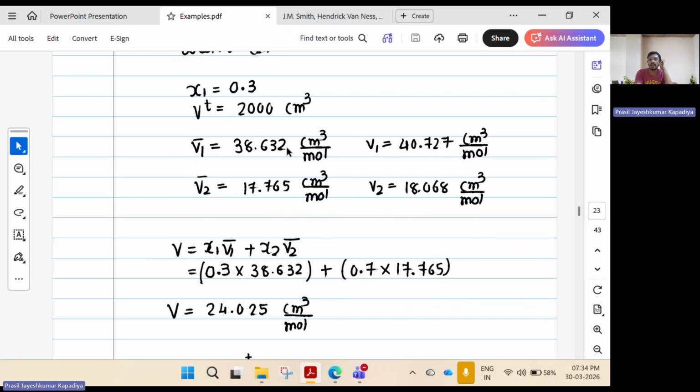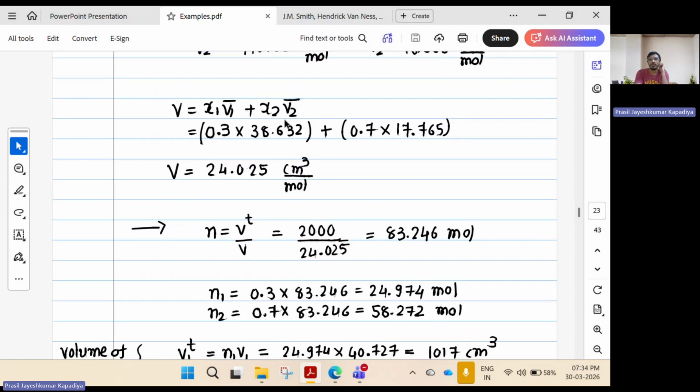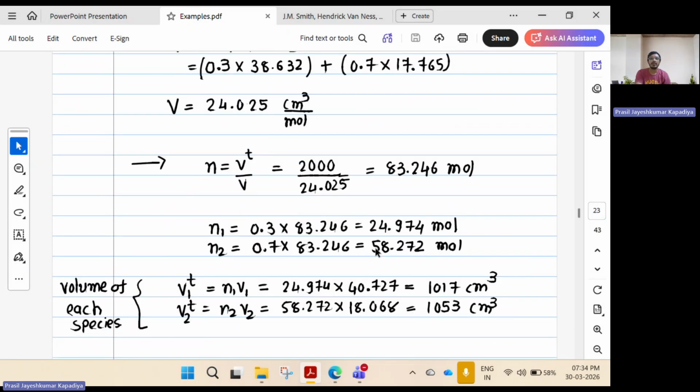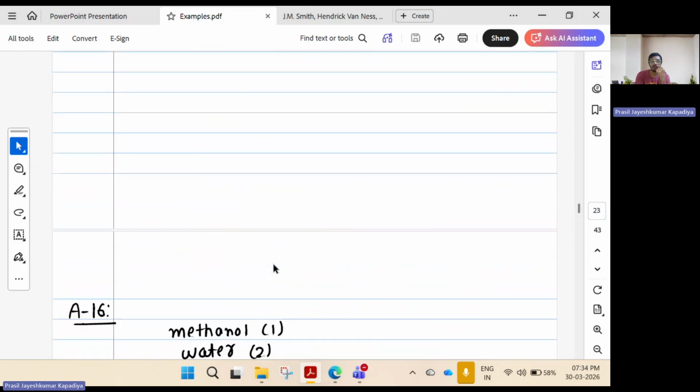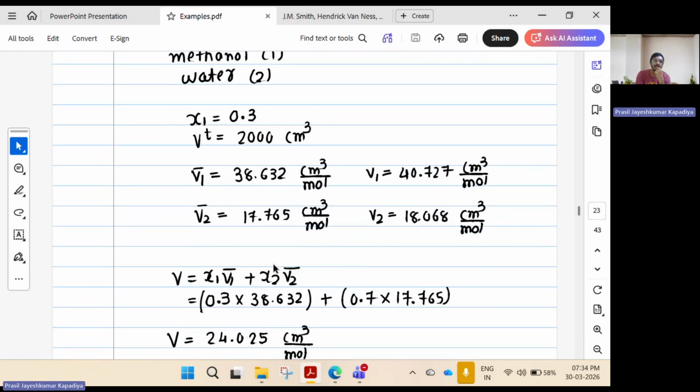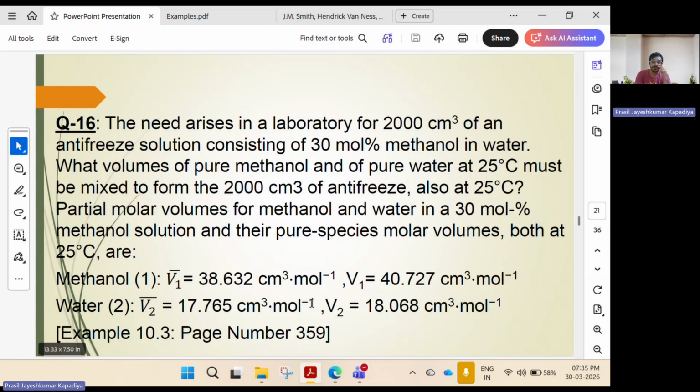Then we divided 2000 by this, so we found the total number of moles required. Based on the mole concentrations 30 and 70, we found the individual moles, and from individual moles we found the individual volumes required to form 2000 centimeter cube of solution containing 30% methanol. You see that there is a slight difference in volume, and this slight difference causes a huge difference at the end.